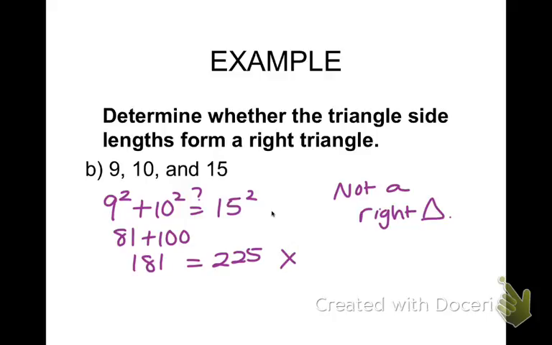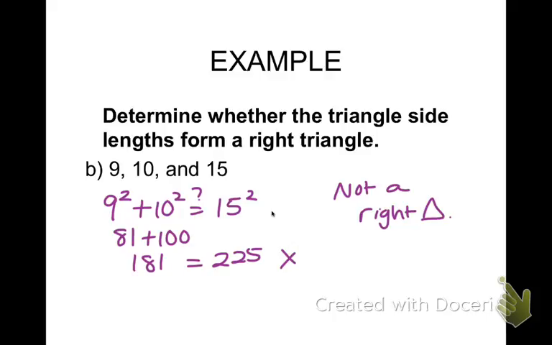So if it's not a right triangle, what else could it be? I have a question. Do you have to write that out, or can you just write no? You can just write no. Right would be by its angles. What other type of angles could a triangle have? It could be acute or obtuse, right?